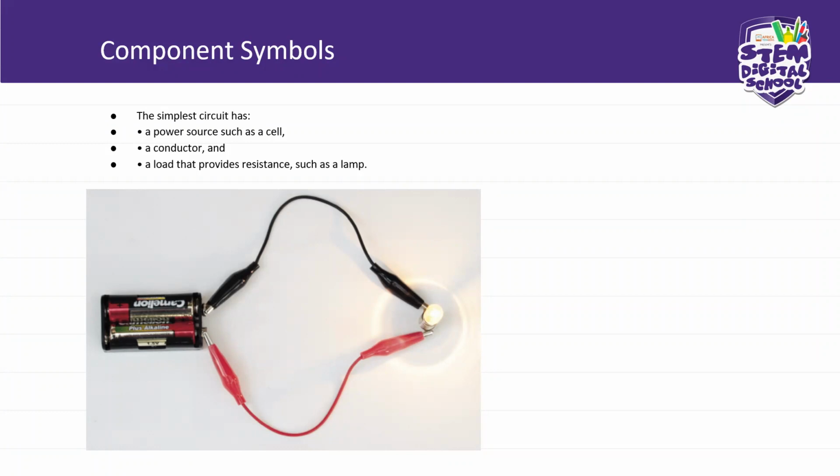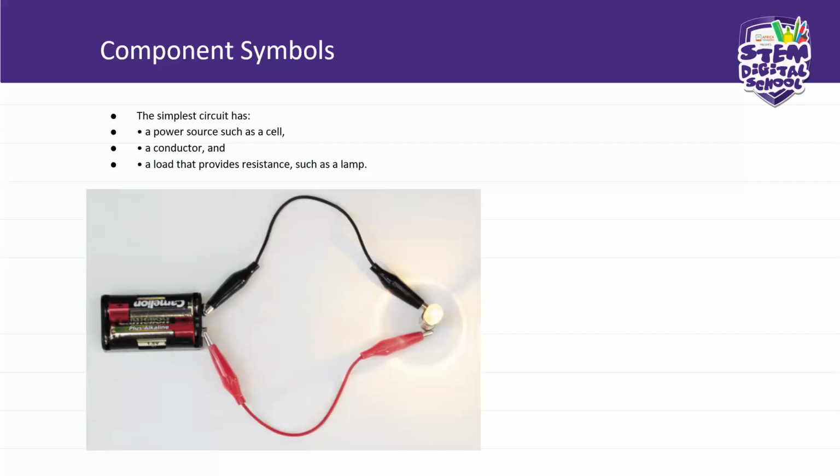That's a simple circuit. Now, the load here is the output component. In a circuit, we also have an output component. When you did your hydraulic and pneumatic systems, we were talking about the input and the output, the input cylinder and the output cylinder.